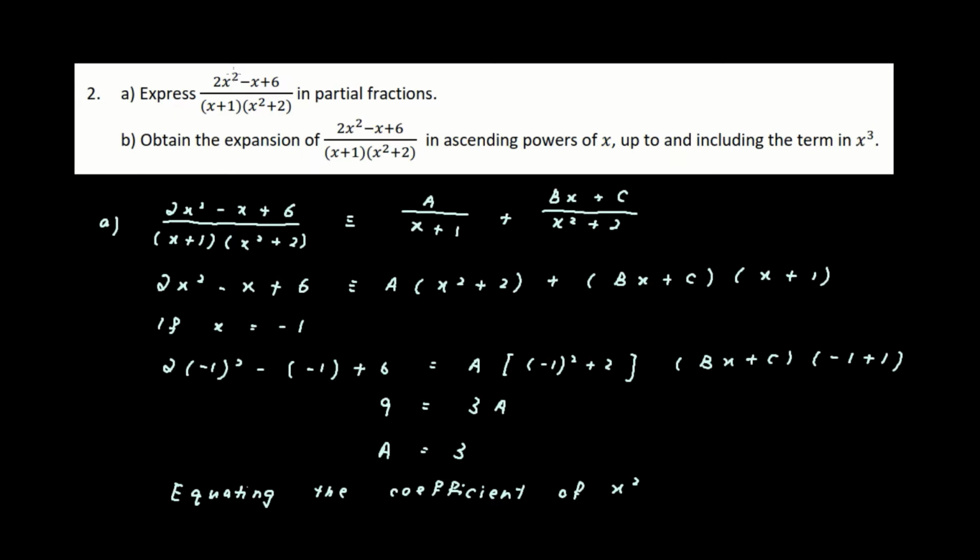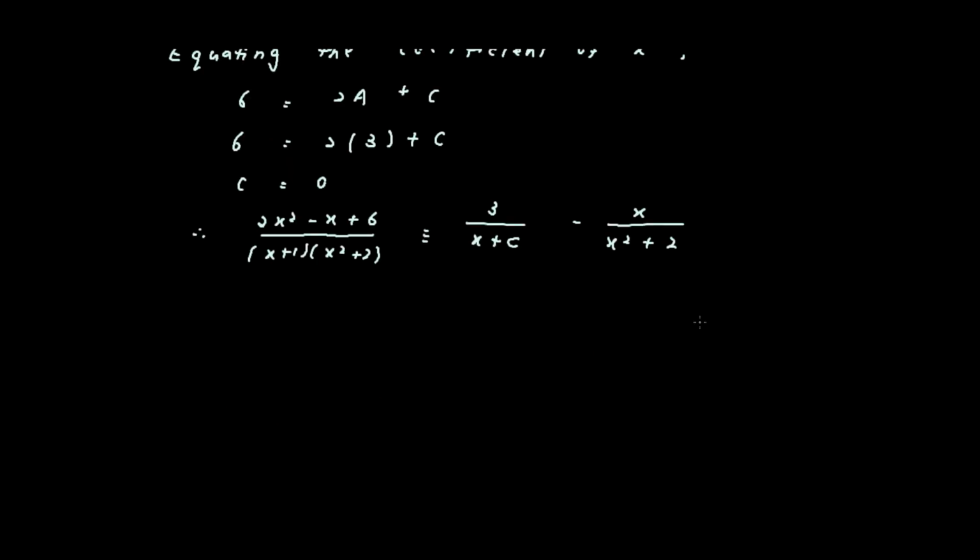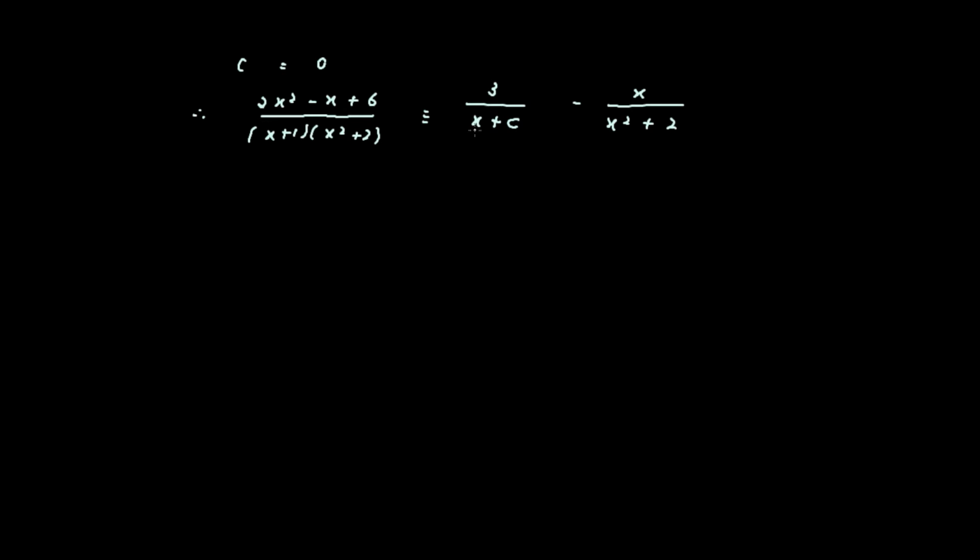Obtain the expansion that is exactly the same, then same thing in ascending powers up to and including the term in x cubed. Okay, so meaning I need to expand this part.